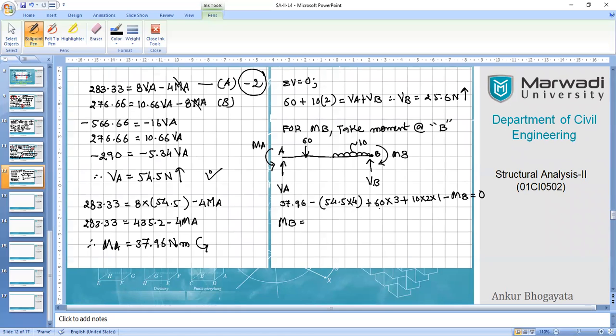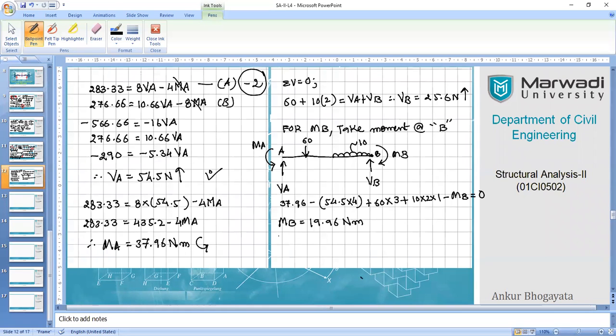Plus we'll have one more bracket, 10 into 2, bracket completes. So it gives me 19.96, right? So we can say that 19.96 Newton into meter is my another pending answer.